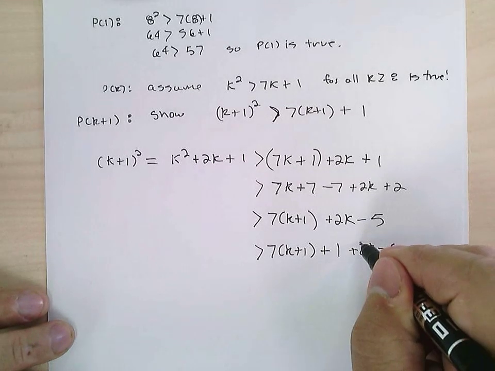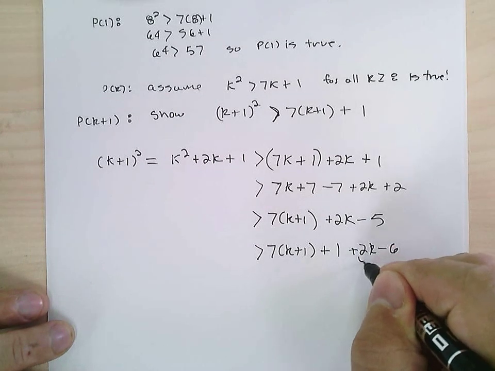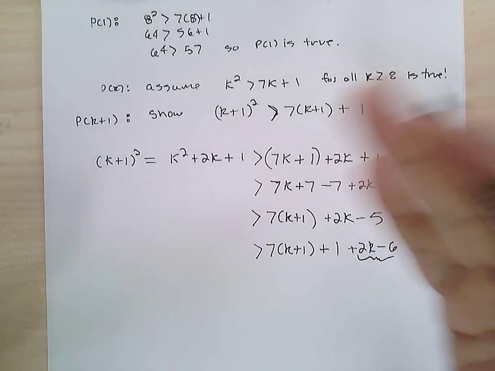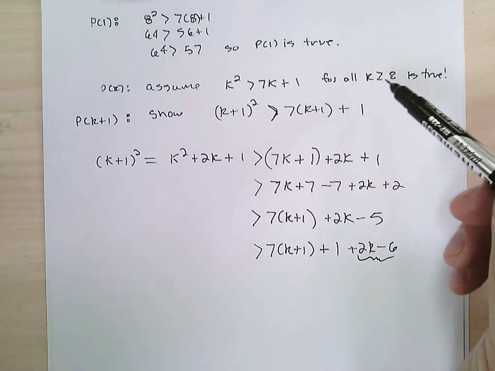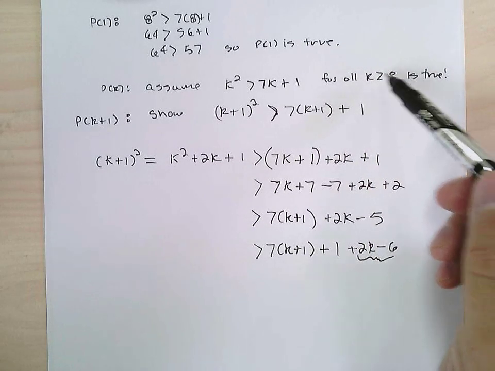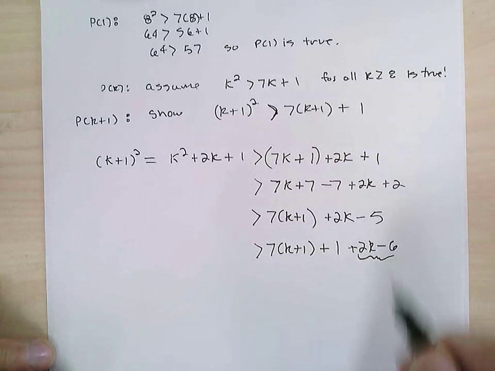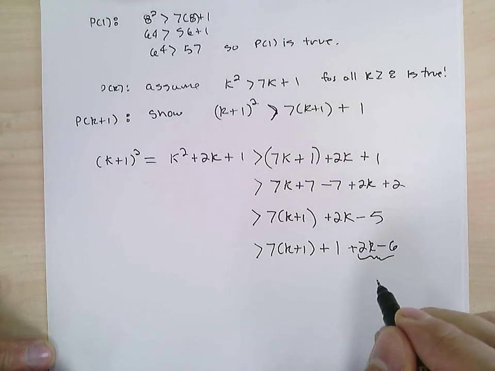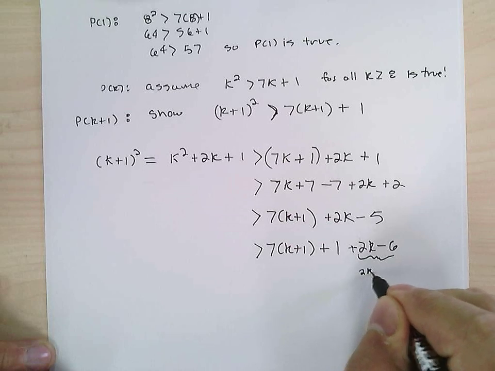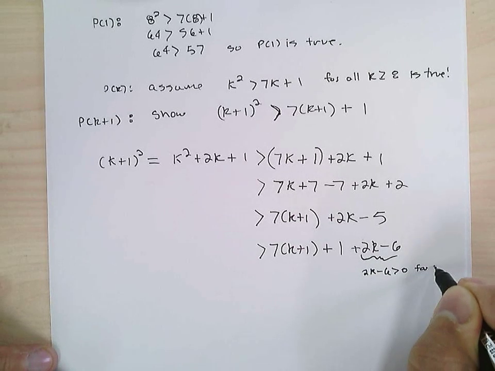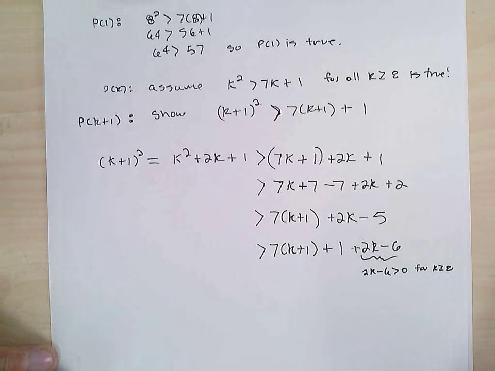But if I look at this guy as a whole right here, I can see what our k value has to be for this. We have to use k greater than or equal to 8. When I put 8 in here, you can definitely see it's going to be a positive number. So I can safely say that 2k minus 6 is going to be greater than 0 for k greater than or equal to 8. Good.